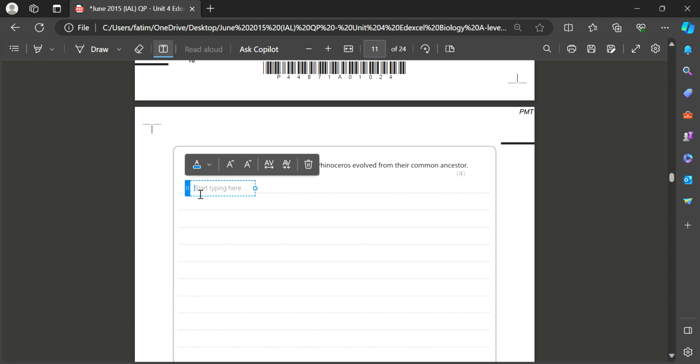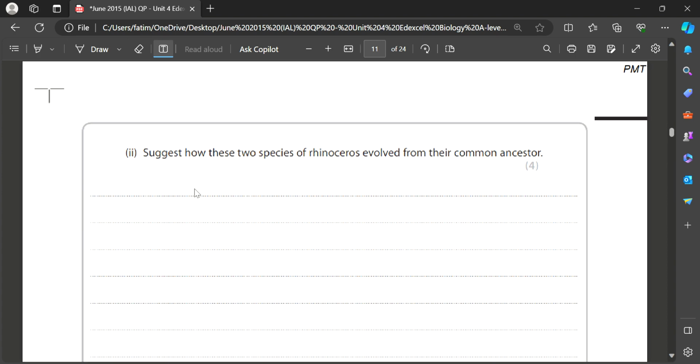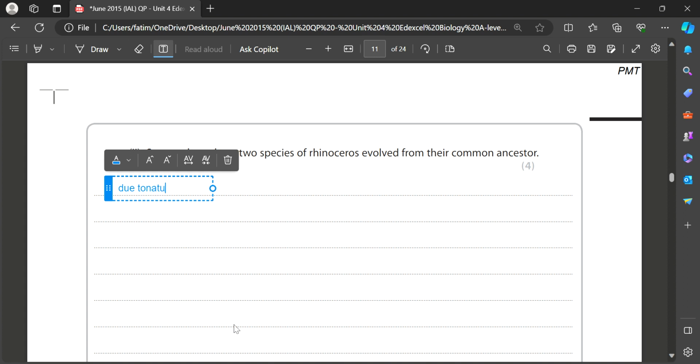So, due to natural selection, there was a change in DNA.